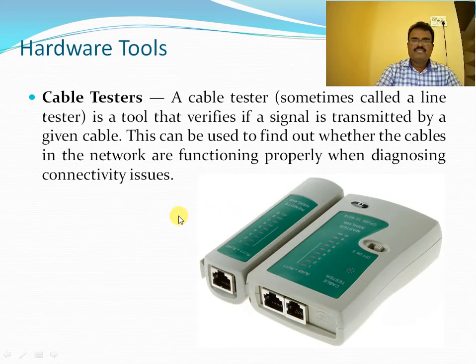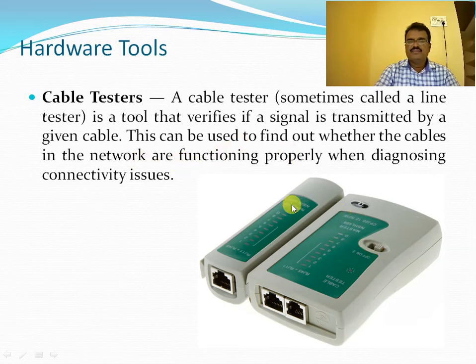Next, a cable tester. A cable tester, sometimes called a line tester, is a tool that verifies if a signal is transmitted by a given cable. This can be used to find out whether the cables in the network are functioning properly when diagnosing connectivity issues. If any network problem occurs like a connectivity issue, we can check the physical connectivity between two ends by using the cable tester.